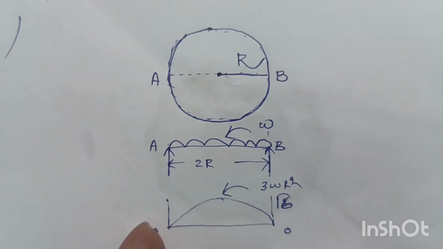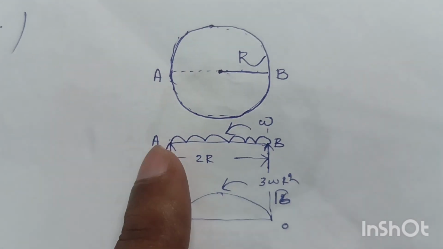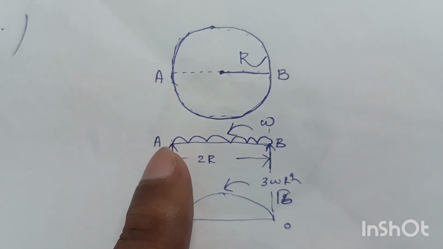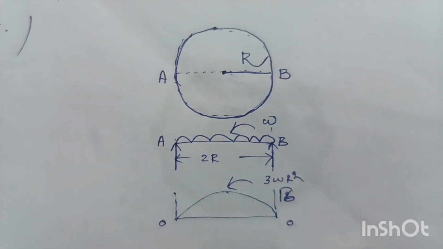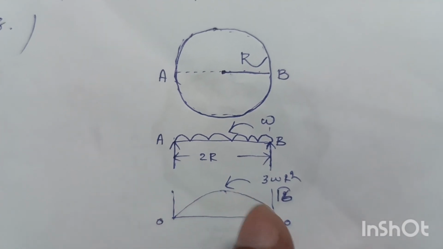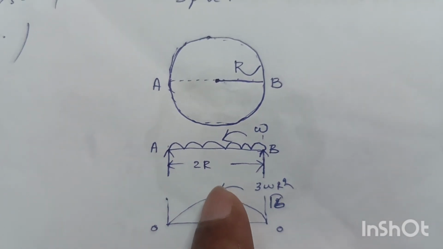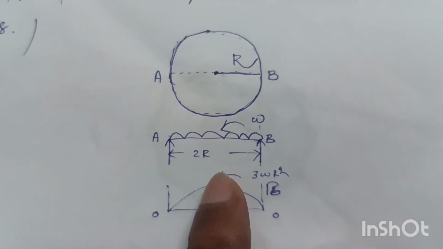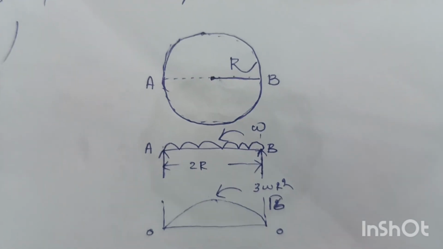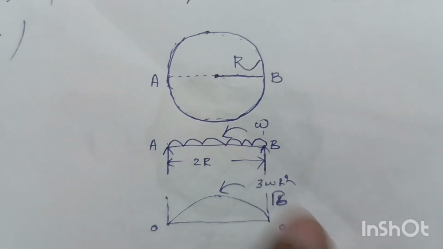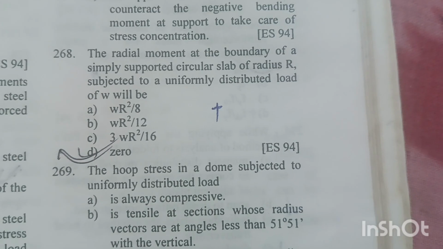So the bending moment at the boundary, that means at the ends A and B, will be 0. The maximum moment at the center will be 3W r square by 16, but the radial moment at the boundary will be 0. Option D is the right answer.